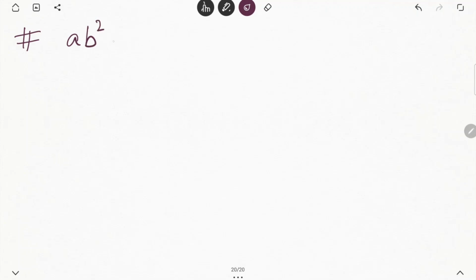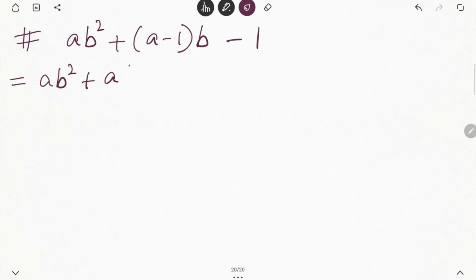ab square plus a minus 1 into b minus 1. So here also the same thing what I told you, whenever there is no option of taking out common from each and every term and there is a bracket, the first thing that we do is we open up the bracket. Okay, open up the bracket and then I write the expression.